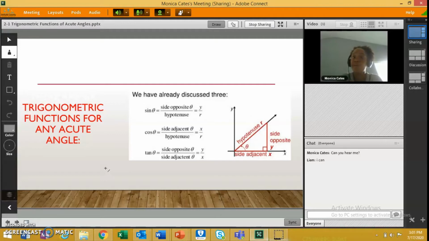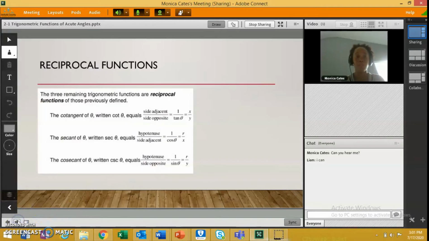We've already talked about the trigonometric functions. We talked about SOHCAHTOA last time, correct? We talked about sine, cosine, tangent, and we talked about the fact that we can find different angles based on these 3 functions. And we didn't talk about reciprocal functions, right?